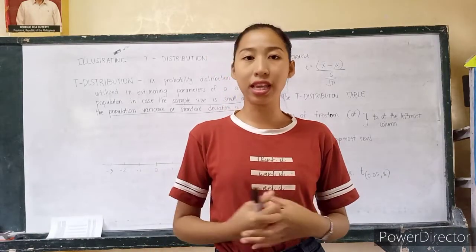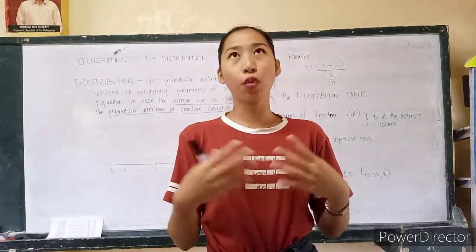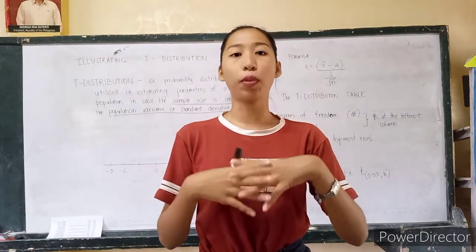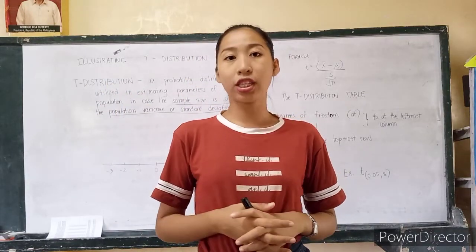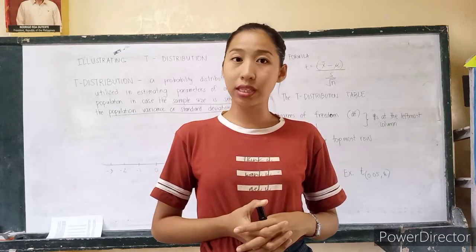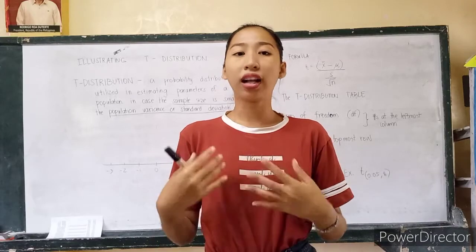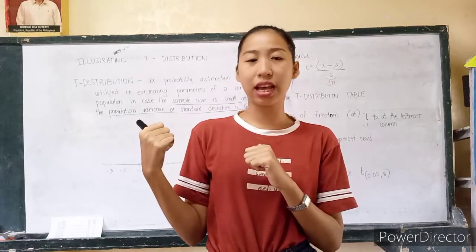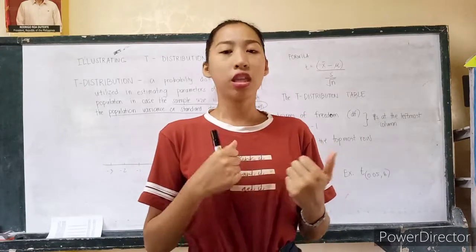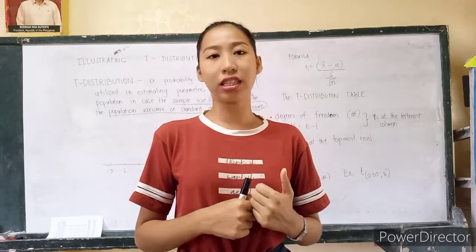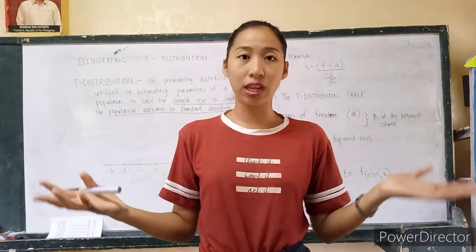Aside from that, our population is large, more than 40, I guess. That is the boundary. So if your sample size is 40 and above, we use the z distribution. However, if 40 and below, we use the t distribution. Aside from that, we use the t distribution if the population variance and the standard deviation are unknown, or we do not know their values.